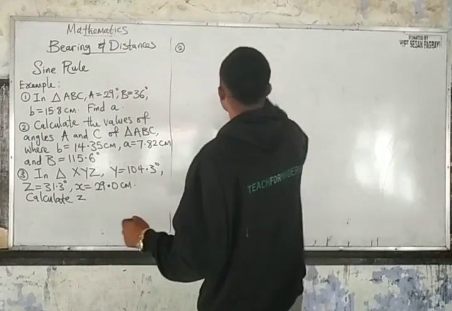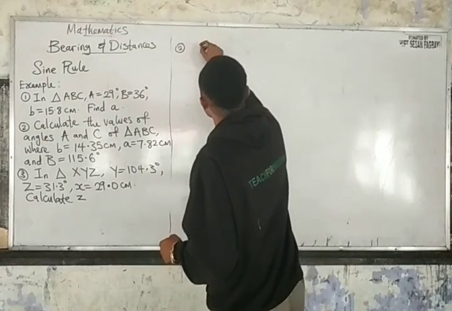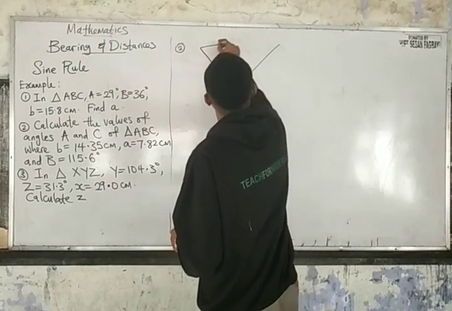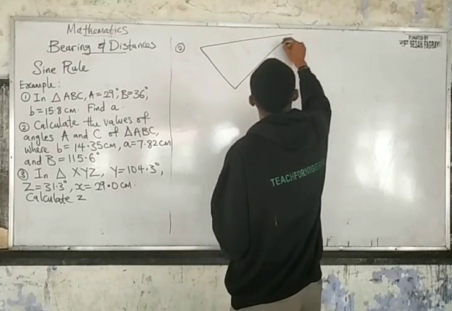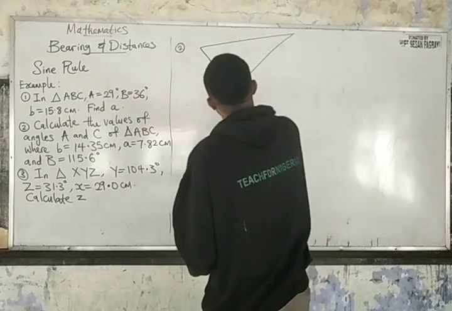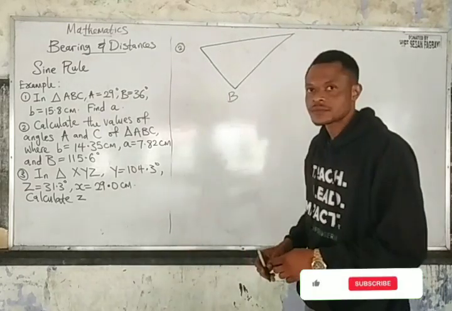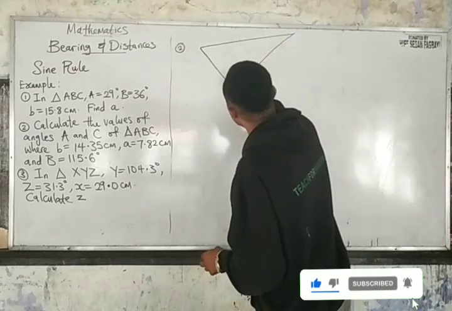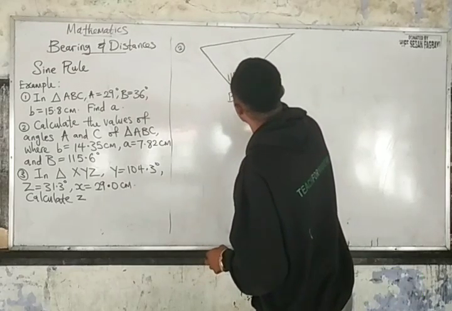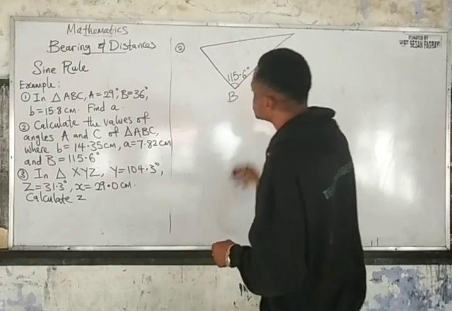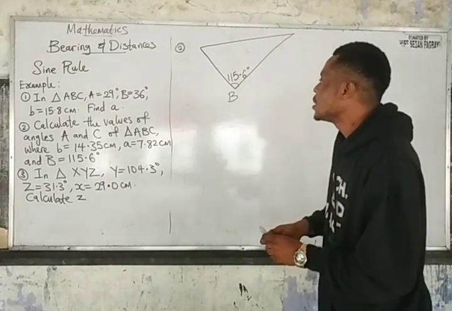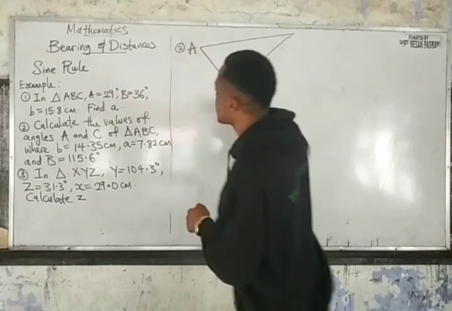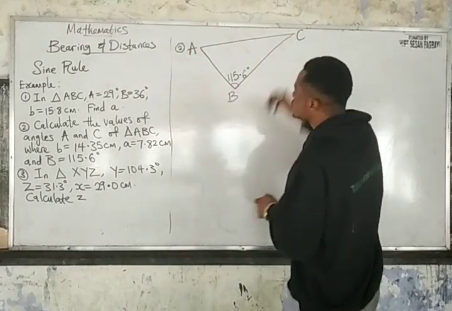Now we proceed by placing the B wherever we prefer. Let's say this is angle B to be 115.6 degrees. And we have to find angle A and angle C.